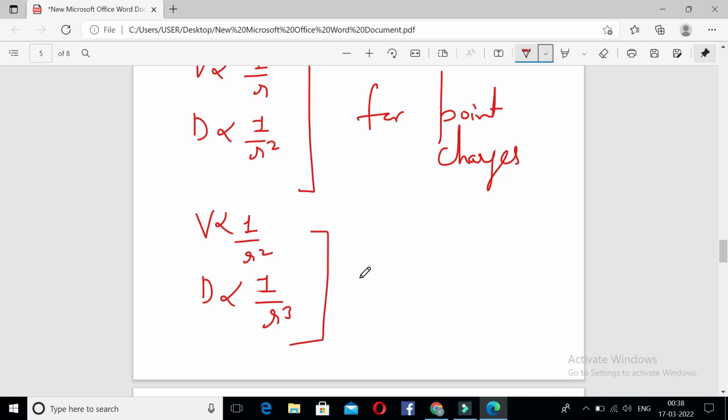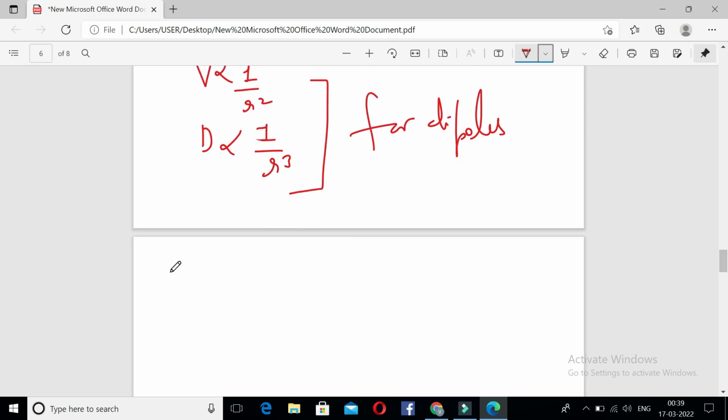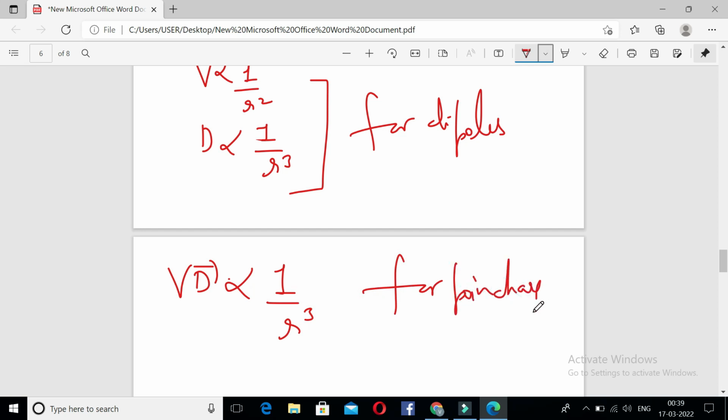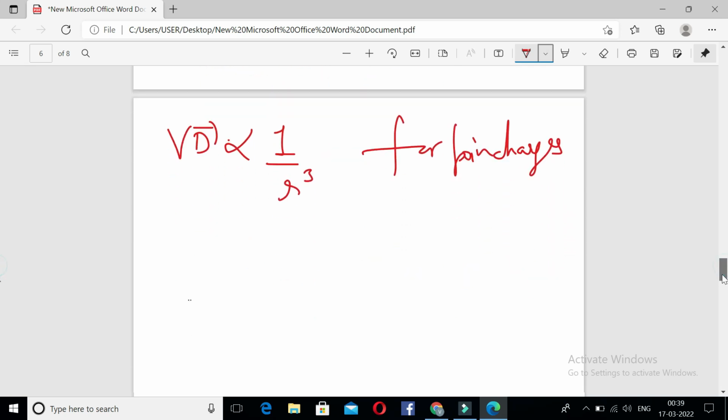So VD must be proportional to 1 by R cube for point charges.